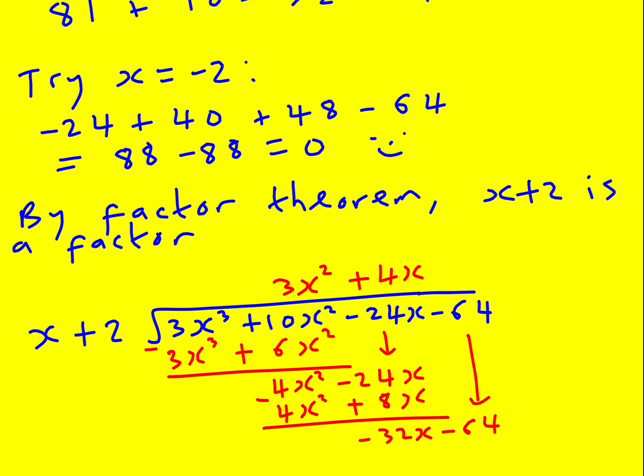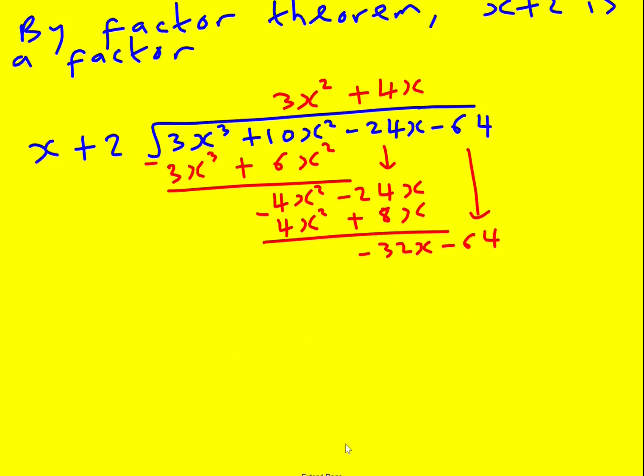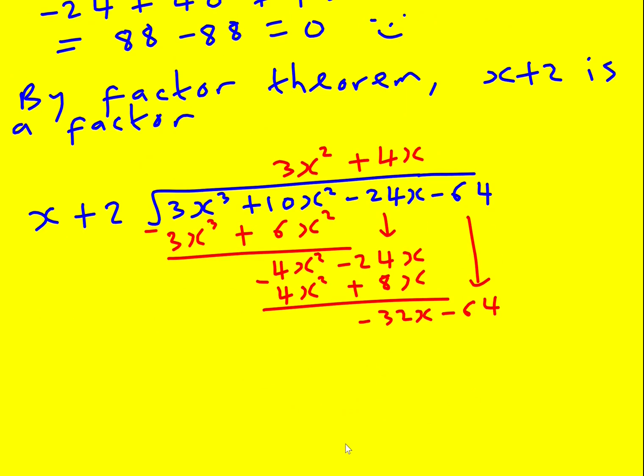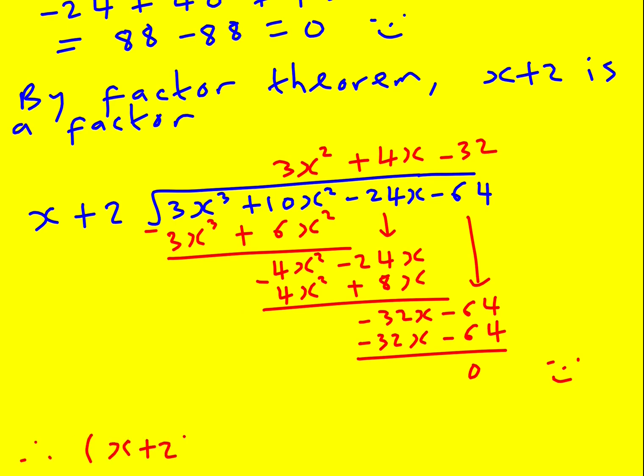Just writing down this polynomial division without saying it. So I'm going to get minus 32 here, and it all checks out. That means that x plus 2 multiplied by the quotient equals 0.